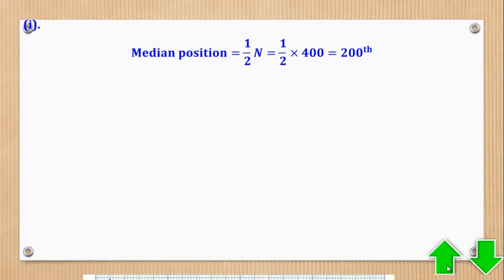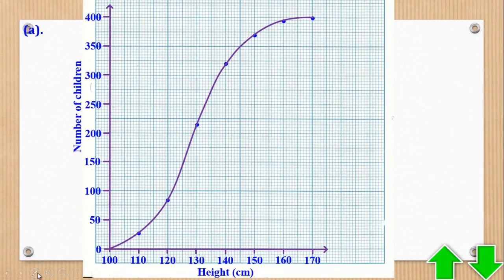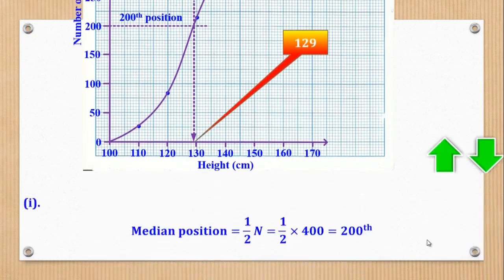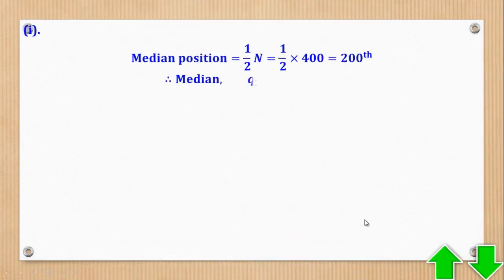That means we are going to come here and look for 200 on the vertical axis, take a horizontal line to meet the curve, and drop a perpendicular to meet the horizontal axis, and read off that value. So that value will be our median. So we'll come here and say that median is that.